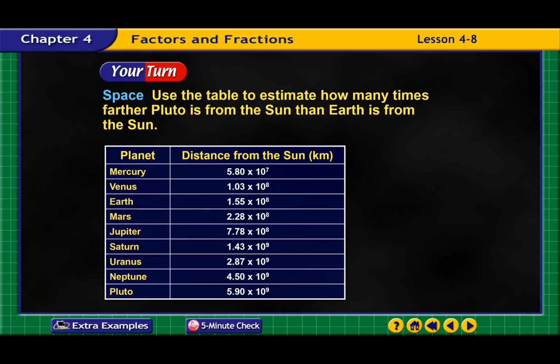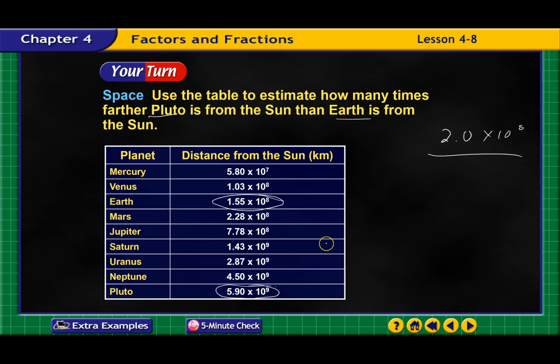All right, so you try on your marks, go. Okay, so we're looking at how many times Pluto and Earth. So I'm going to take Earth here, and I'm going to take Pluto again. It's the one we're looking for. So I'm going to guesstimate these. So I'm going to take the top one and make it 2.0 times 10 to the 8th.